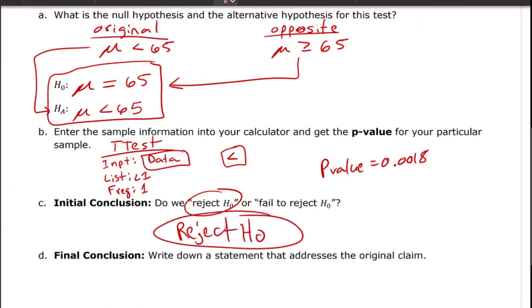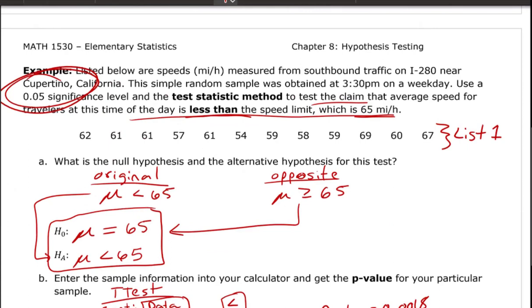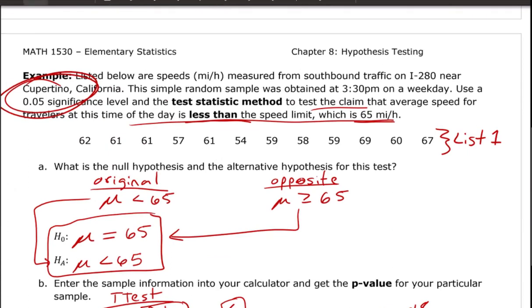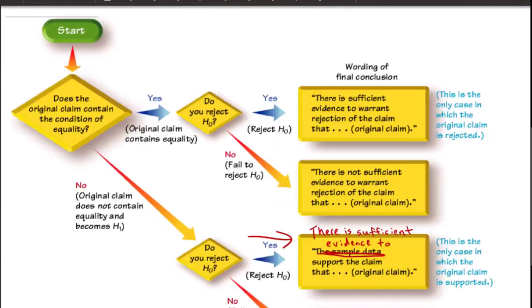And then we want to figure out from our flowchart what we follow to get the final statement regarding whether we think people are going less than the speed limit. Do we think traffic's really slow at 3:30, at that time period, like we think it is in our mind? So we're going to go to the flowchart now. Back at the flowchart, we have the original claim.